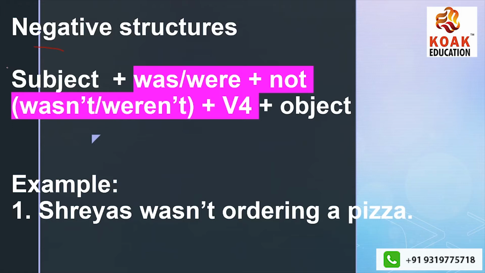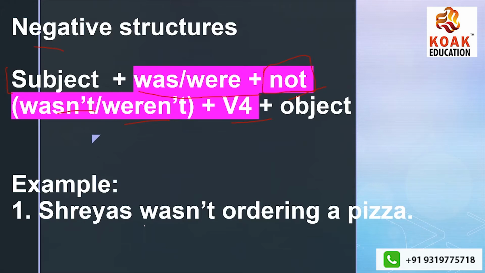The pattern goes that you have your subject, you use was and were the same way, you use the fourth form of verb the same way. It's just that you have to add not to it. So was not will become wasn't and were not will become weren't.